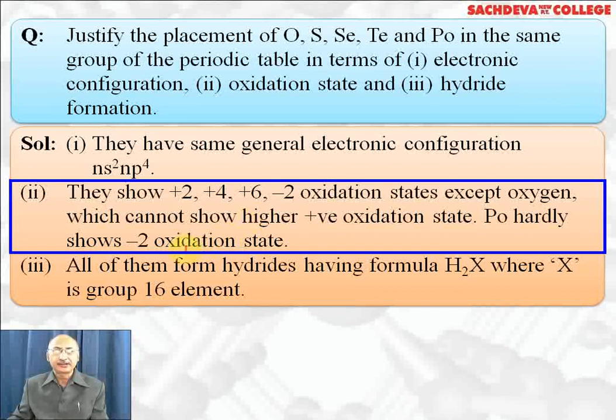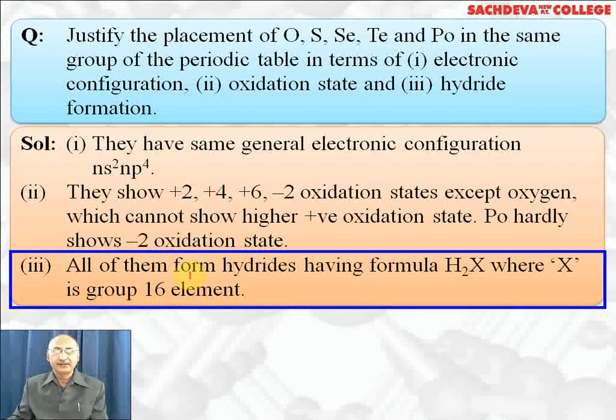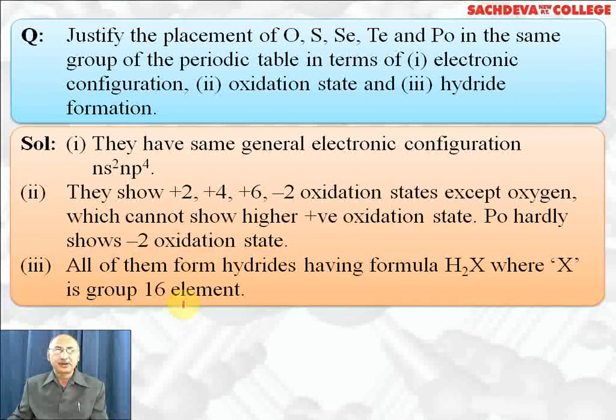Polonium hardly shows minus 2 oxidation state because it is most electropositive element. All of them form hydride of formula H2X, where X is group 16 elements. So due to similarity of these properties, they are placed in same group.